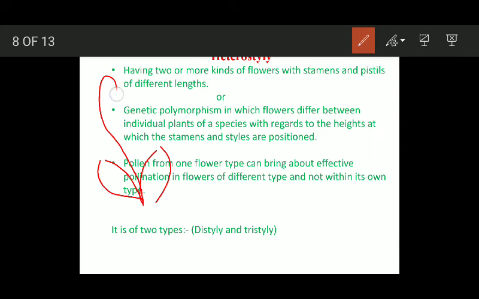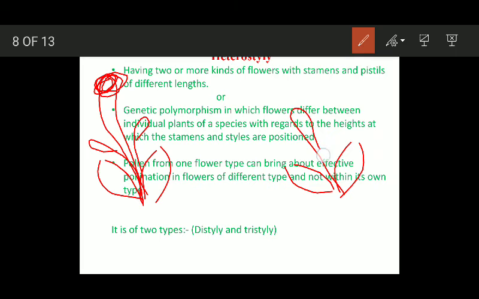यहाँ पे a long style because of which stigma is at the top, and you have short stems. Here we have another flower type. Here we have a short style and long stems.